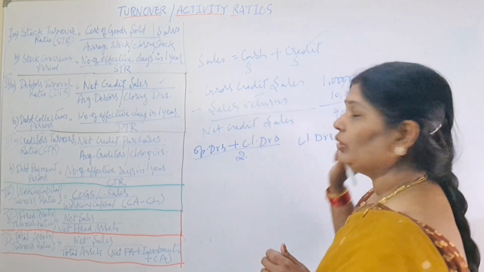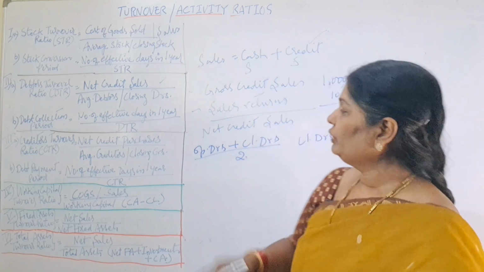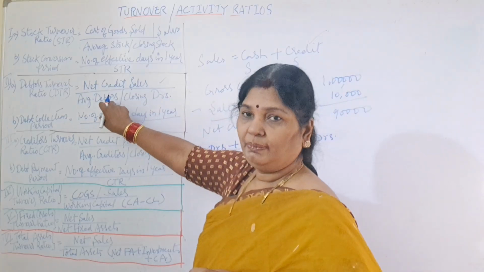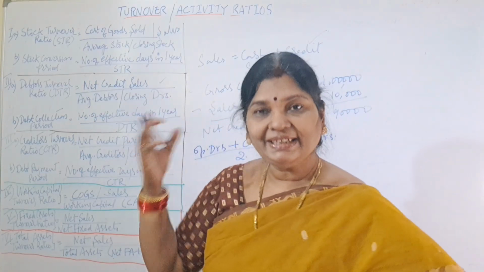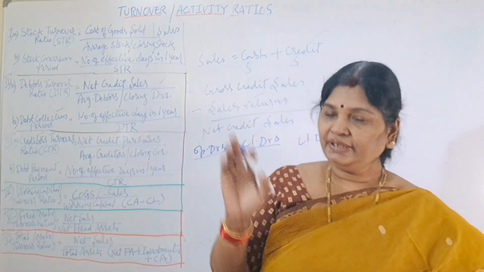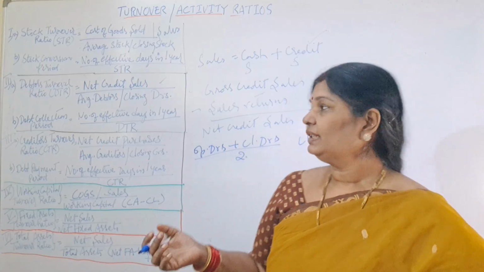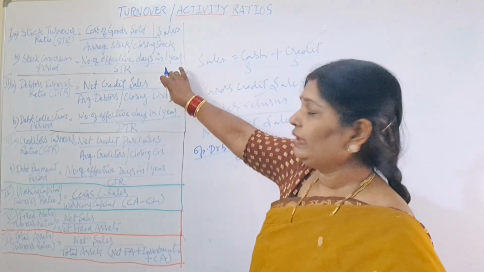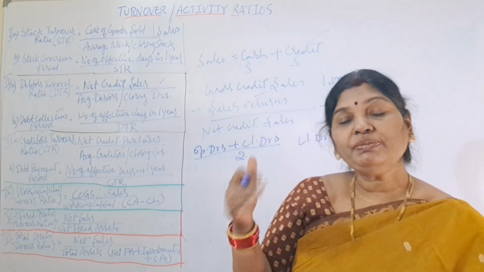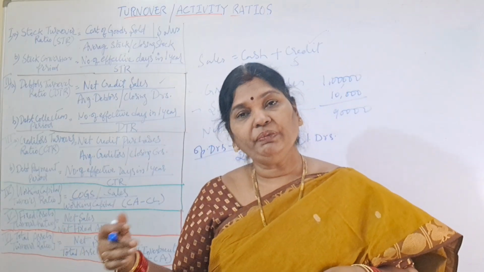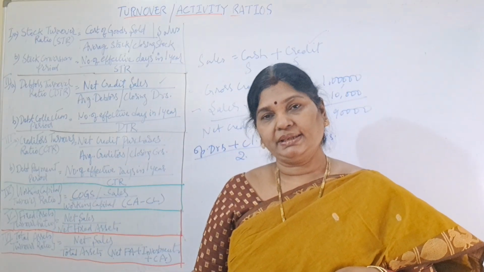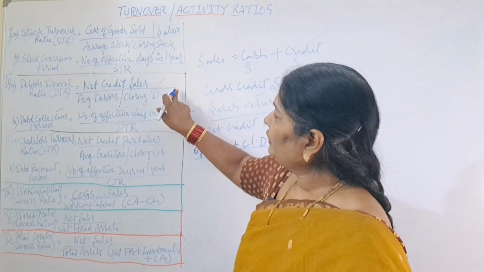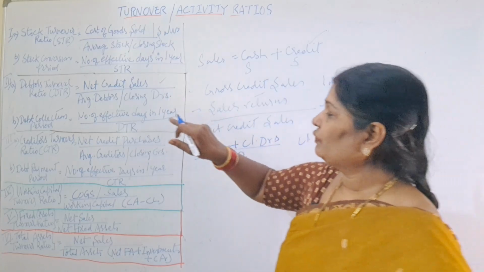Means whatever the amount that is given in your trial balance, you can take directly here in this formula. So what's the formula? Net credit sales by average debtors or closing debtors. So when you calculate this, you will get number of times you can collect debts from your customers, means debtors.